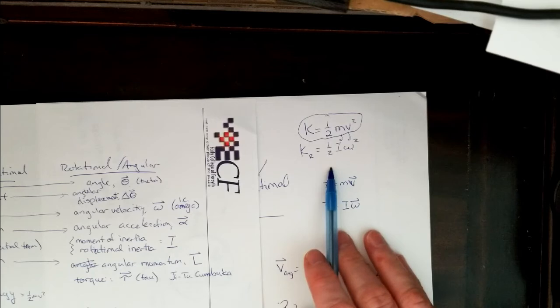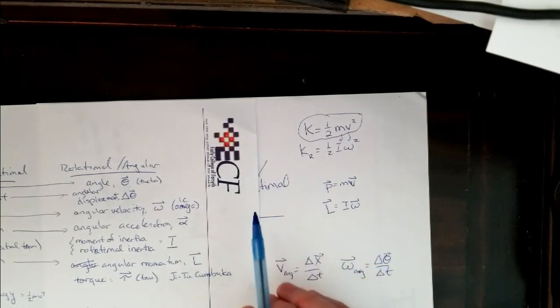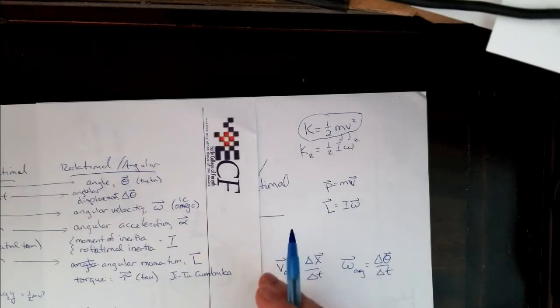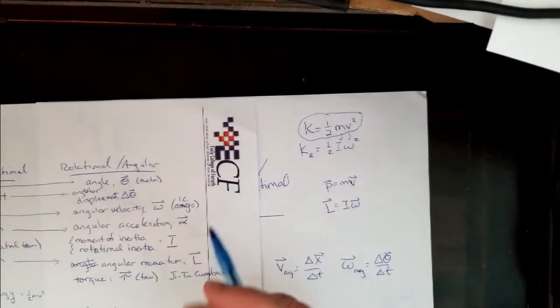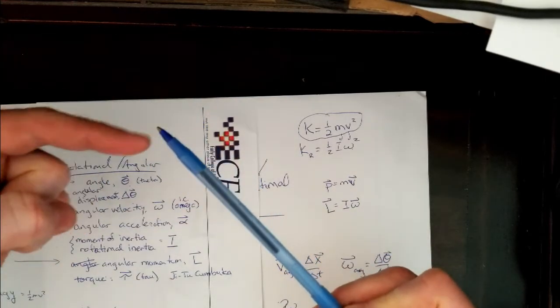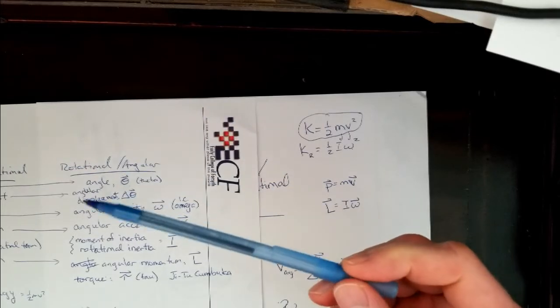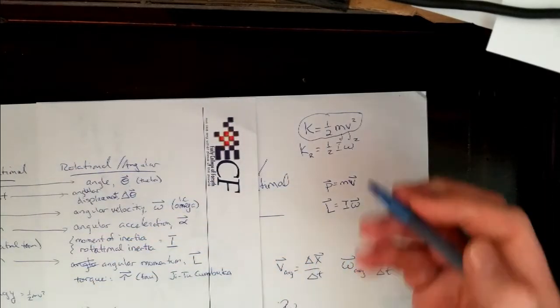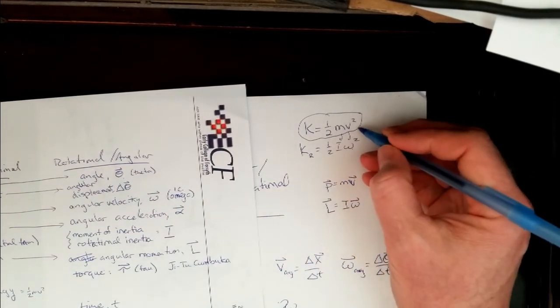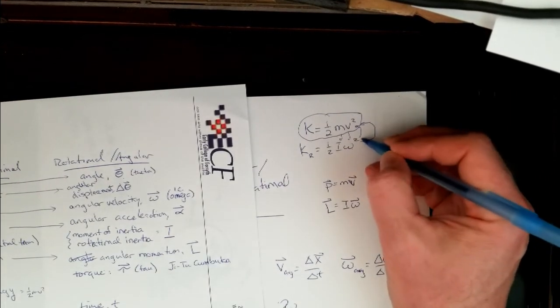So suddenly I'm saying that there's a second formula here. Well, the issue comes in if I have an object where not everything is traveling the same speed. In other words, if I have something rotating, then as this pen moves, the tip here is moving faster than a point closer to my hand. How do you deal with that? What we're going to ultimately end up doing is start with the classic equation and derive this one.